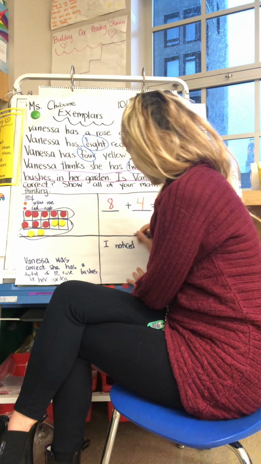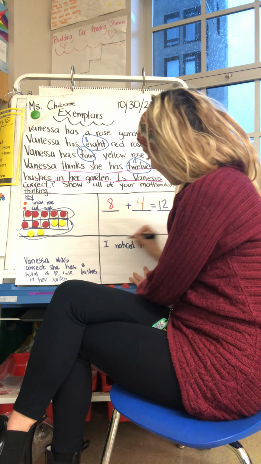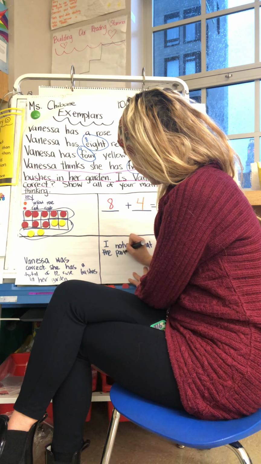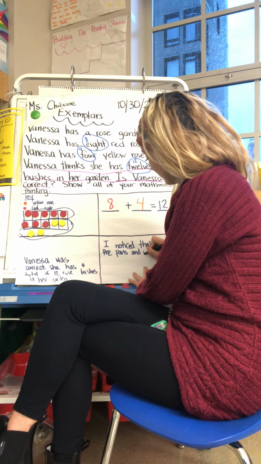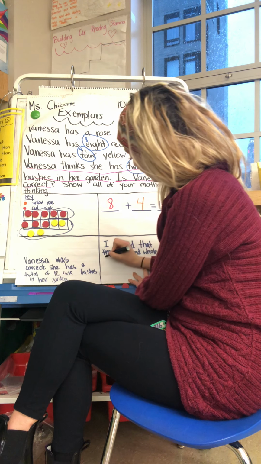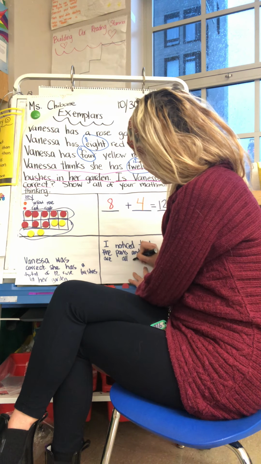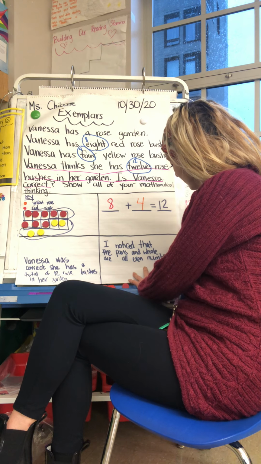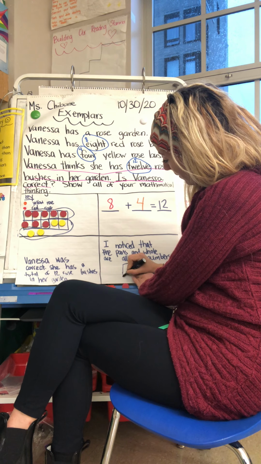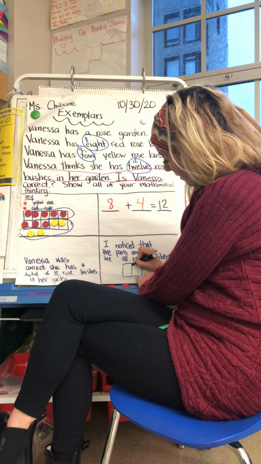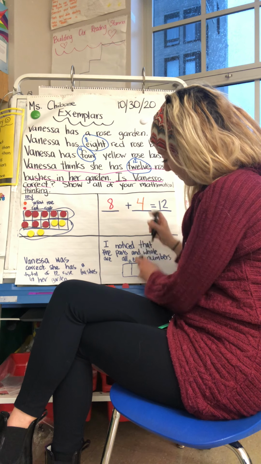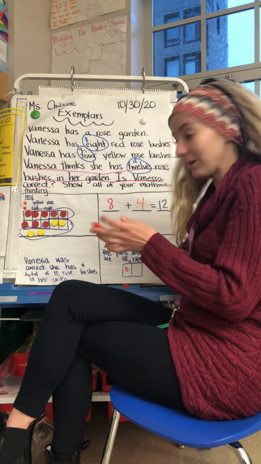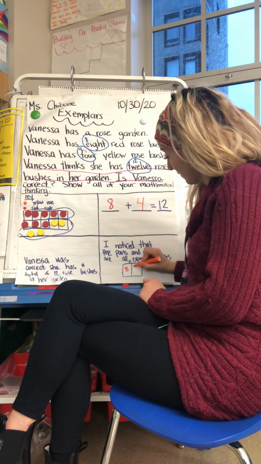I can even show that with a part whole mat. Remember, this is a part whole mat, right? The whole goes on top. That gets me thinking about even numbers and addition.